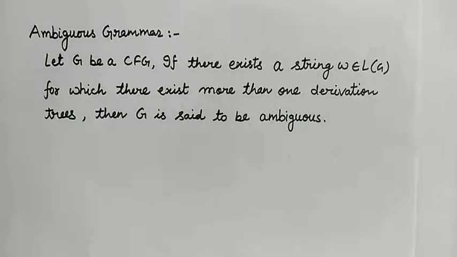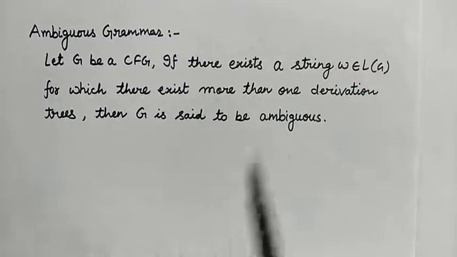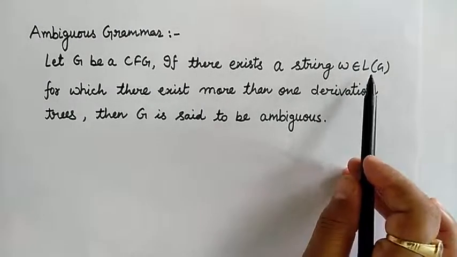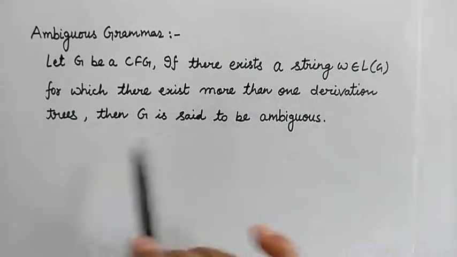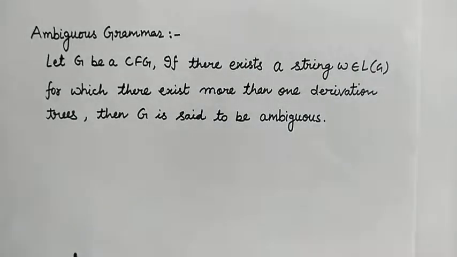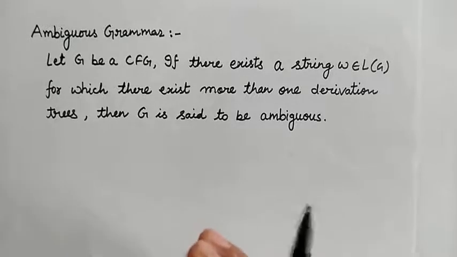And what is an ambiguous grammar? A grammar will be ambiguous if it has a string W such that there exist more than one derivation trees for that string. It means if a grammar has a string for which there is a possibility of more than one derivation trees, then that grammar is known as an ambiguous grammar.